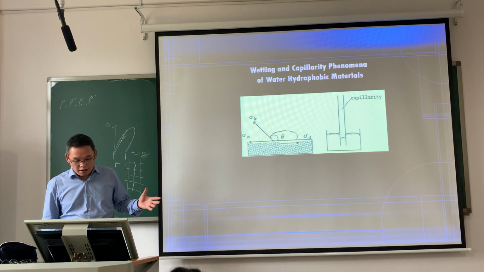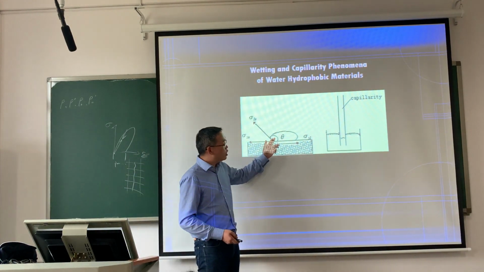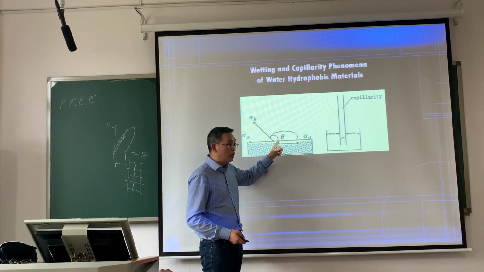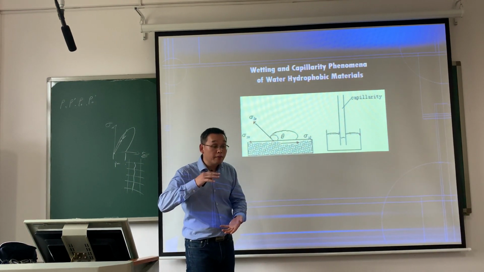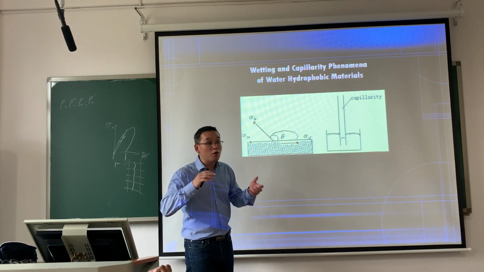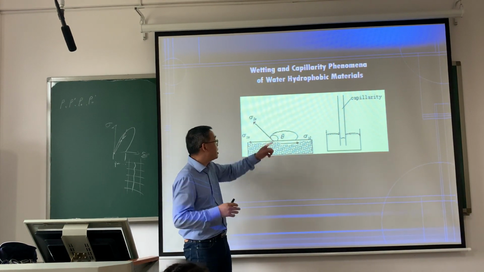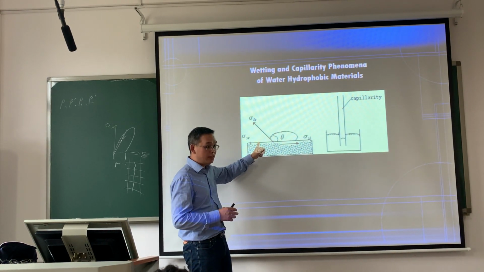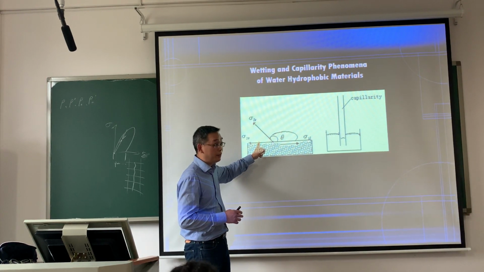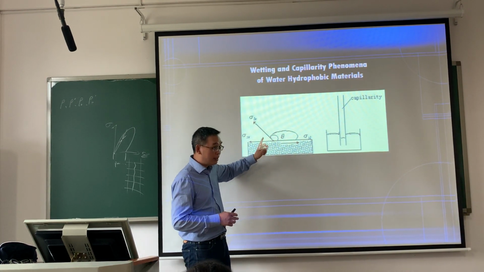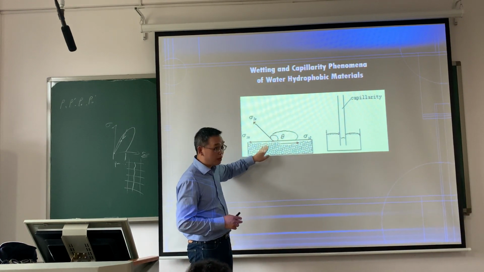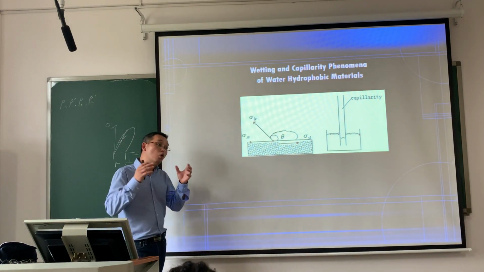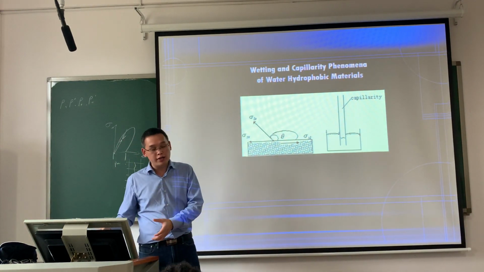On the other hand, if the water cannot wet the material, the angle is bigger than 90 but still smaller than 180. Bigger than 90, we call it the hydrophobic material.